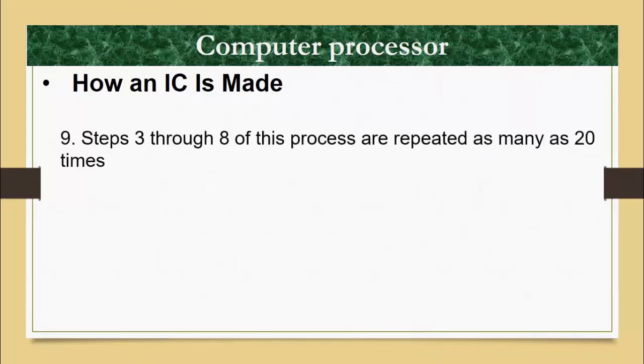The ninth step: steps 3 through 8 of this process are repeated as many as 20 times, depending on the complexity of the circuit, with small windows left open between the layers.